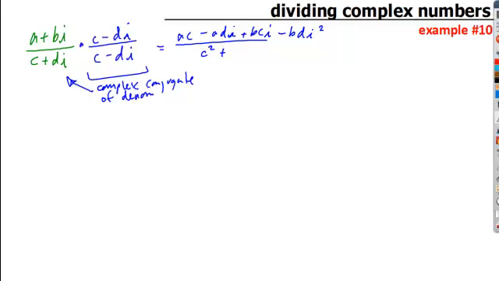So you're left with plus, here minus your d squared i squared. The i squared is going to become a -1, which changes this sign.